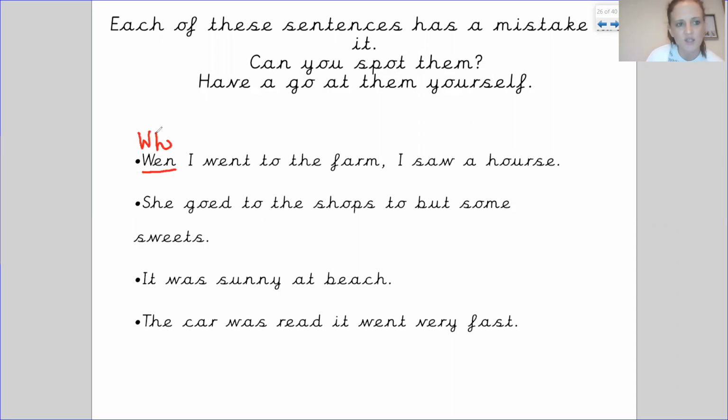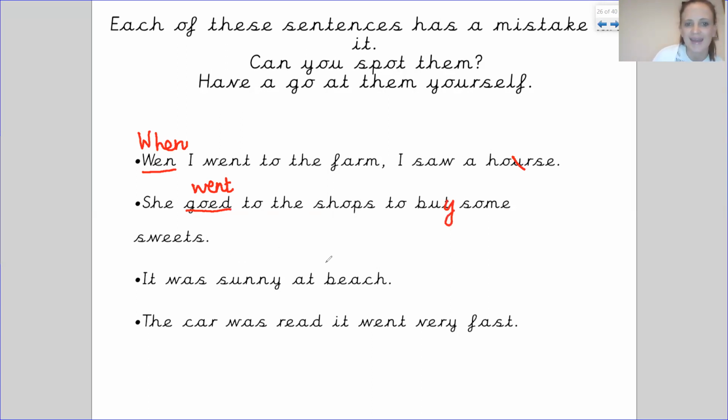It should be a capital W, H-E-N. I saw a horse should not have a U in it. She goes to the shops to buy some sweets. So she went. That is obviously the past tense of that word. To the shops to buy some sweets.